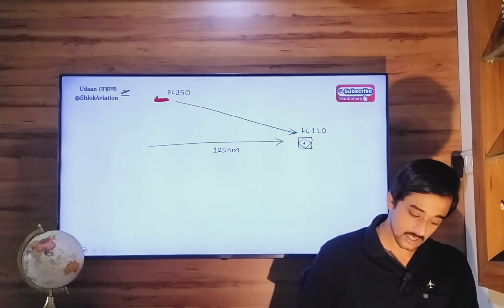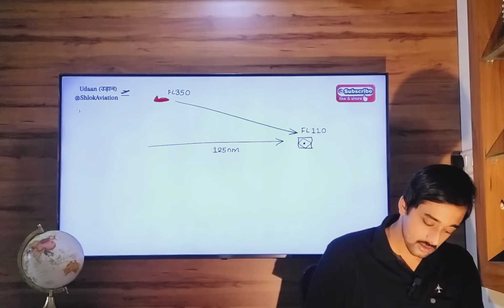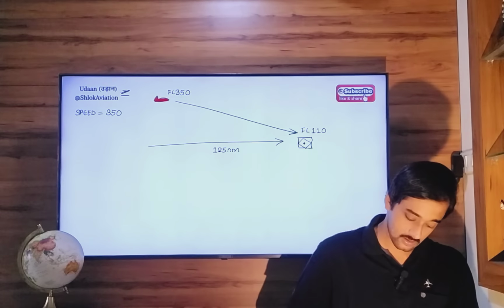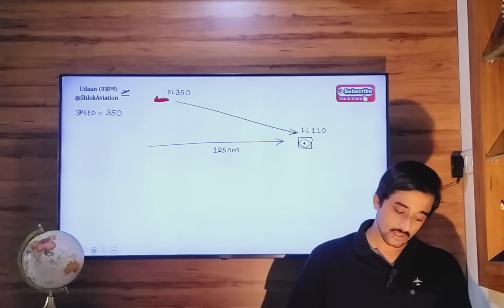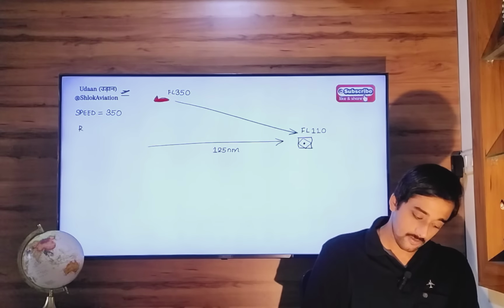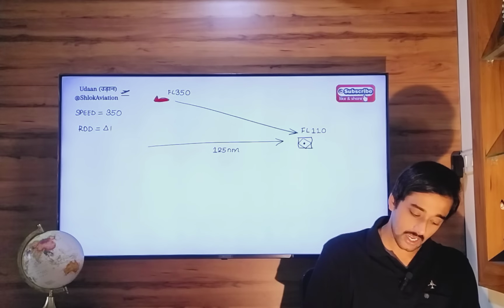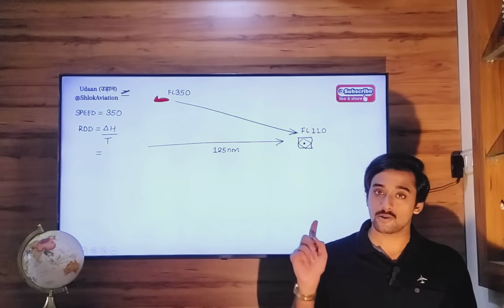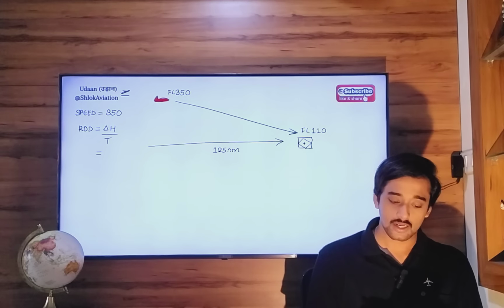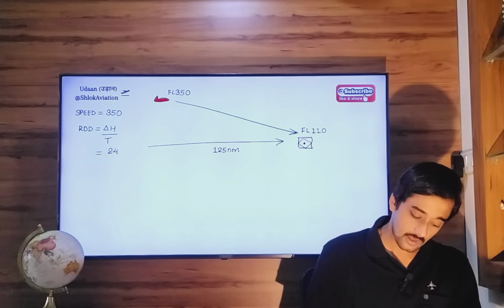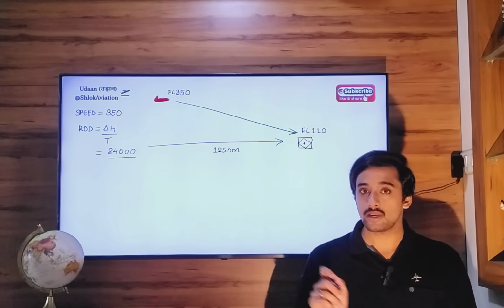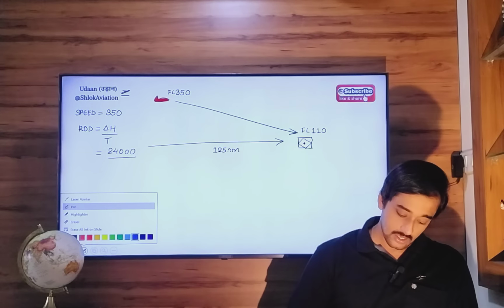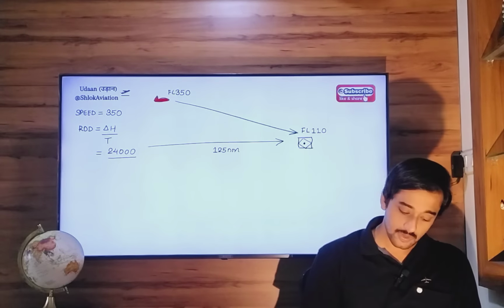Ground speed is 350 knots. So, rate of descent equals change in height divided by time taken. Right? The change in height is nothing but 35,000 minus 11,000, that is 24,000, divided by time taken. How will you find out time? Use the speed distance time formula.